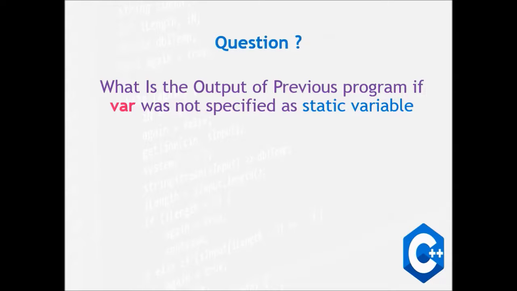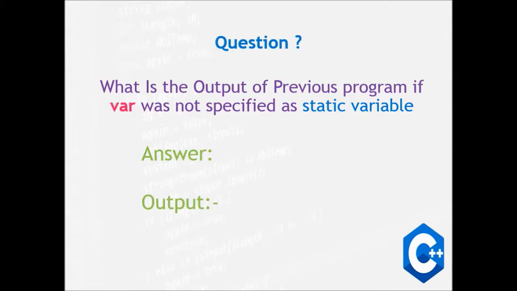So here is a question for you. What is the output of the previous program if var was not specified as a static variable? I mean, if we do not use the keyword static with this variable, what happens to the output of this program? So here is the answer.